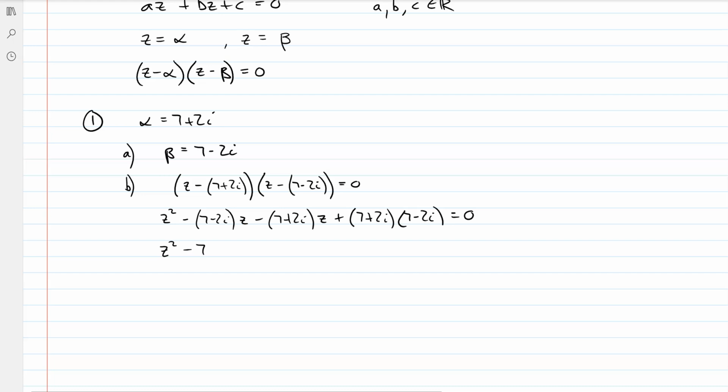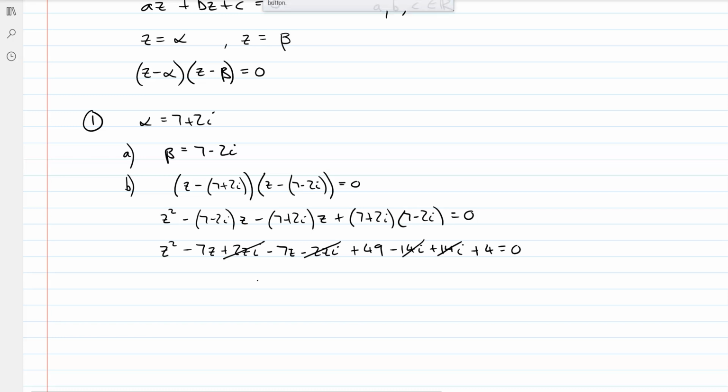So we get minus 7z plus 2zi, minus 7z minus 2zi, so they will cancel. And I'm going to get plus 49, 7 times 7, minus 14i plus 14i, 2i times minus 2i, minus 4i squared, so plus 4. These will also cancel.